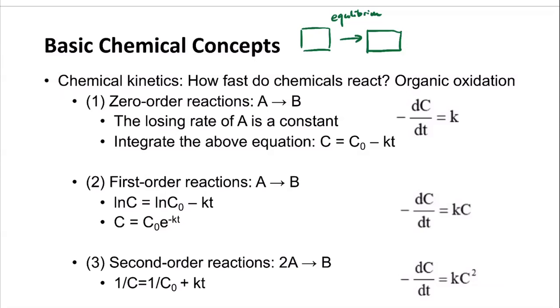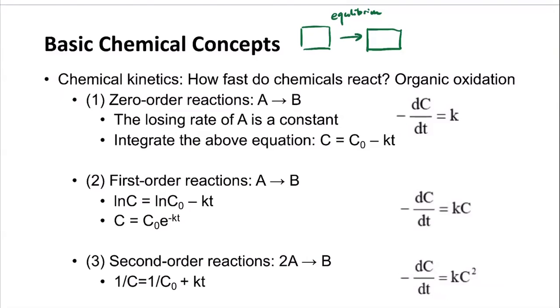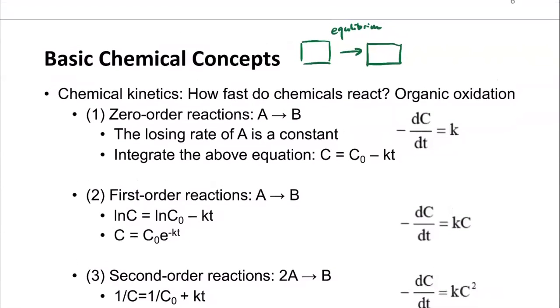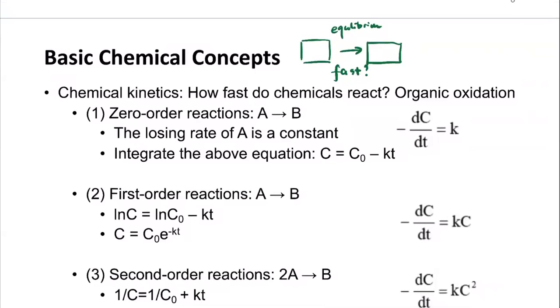So our universe is also always not in equilibrium, right? Because it's always changing. It's not at its steady or final state yet. Okay. But how do we determine how fast it reaches the equilibrium? Okay, so that's going to be the chemical kinetics.